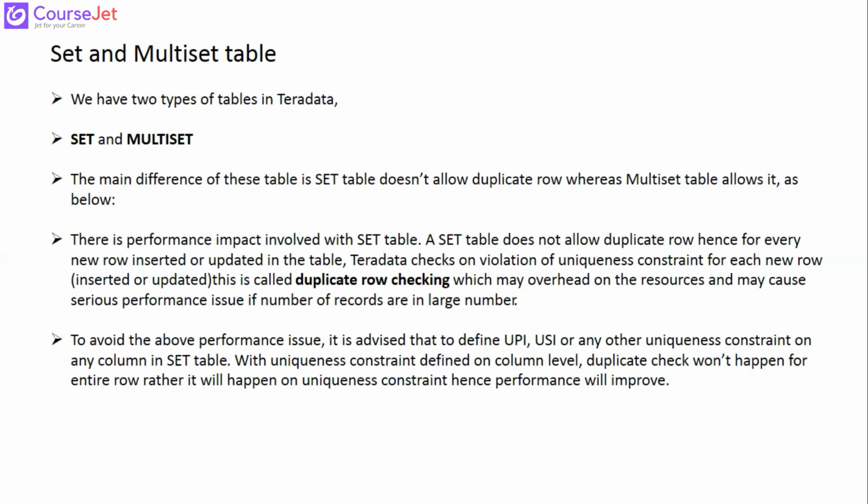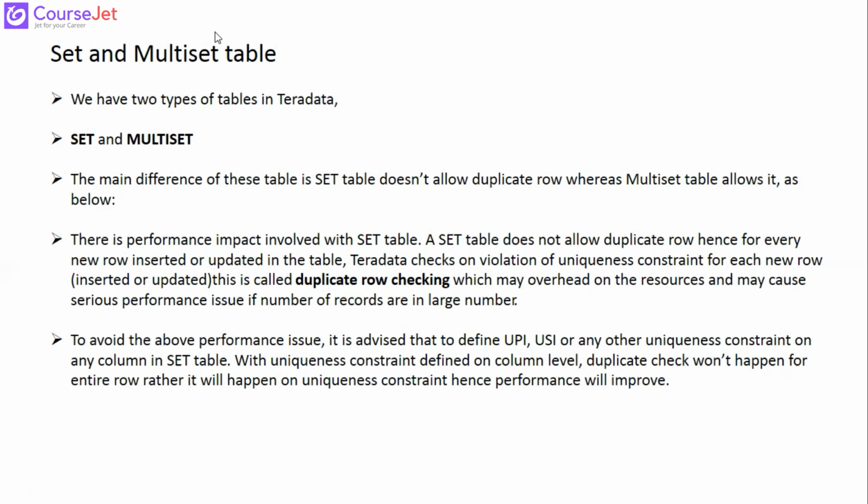Because department can be duplicated, the first name can be duplicated, like there may be two people with the name Anand, and even the second name can be duplicated. So if we have a set table, even in that case the employee ID will differ, so not the whole row is duplicated. So it will be allowed in the case of a set table also.